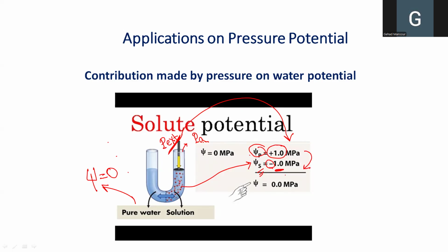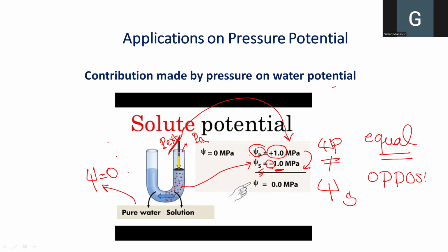The second important concept we have learned is that the pressure potential can cancel or nullify the solute potential if they're equal to each other, because one of them is positive and the other is negative. So they have equal absolute value, but opposite signs, one being positive and the other negative.